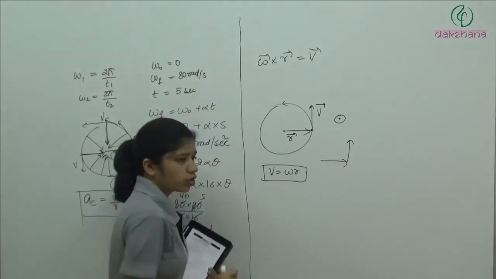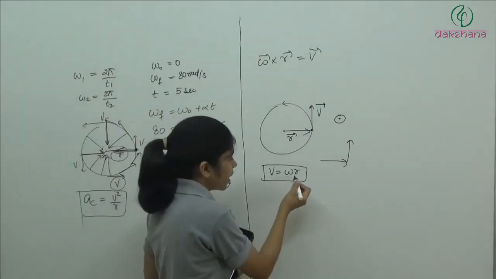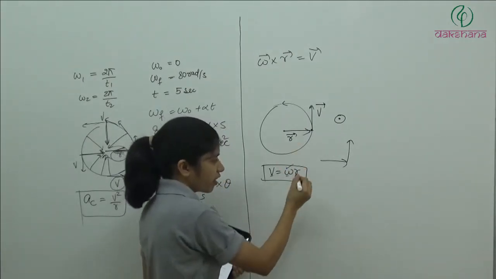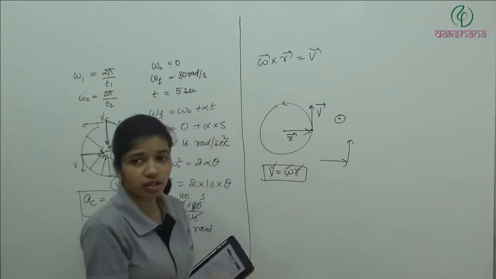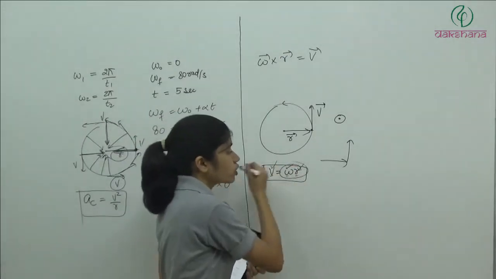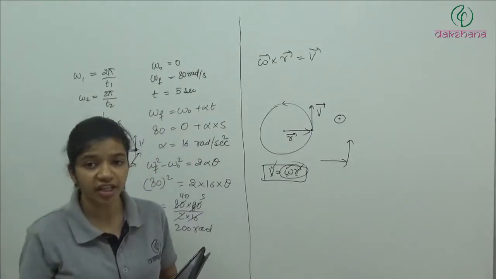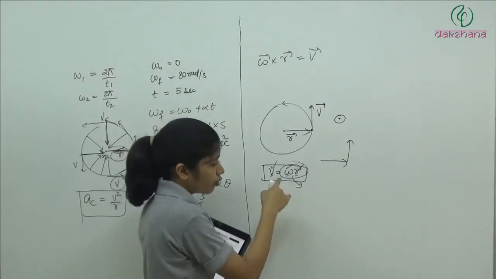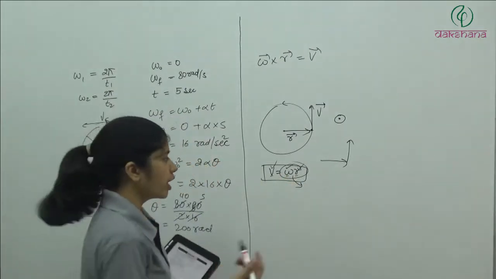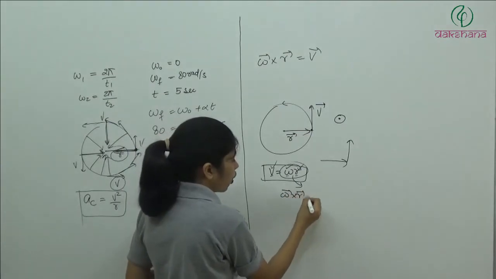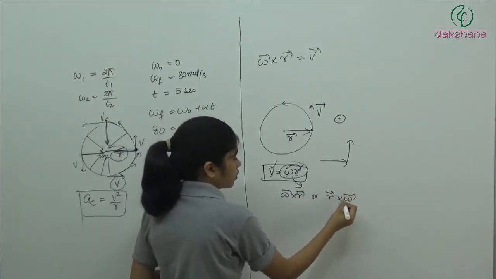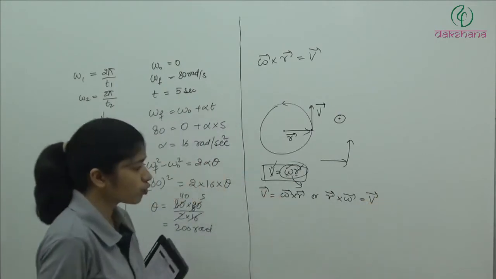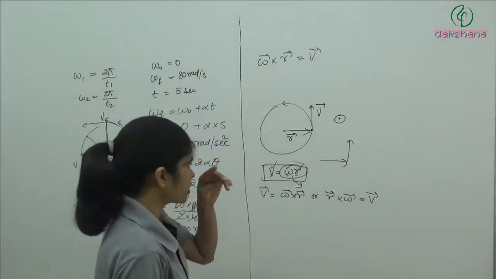So we will use the cross product, because when we are multiplying two vectors, omega is a vector, R is a vector, we are getting a vector. So definitely the product is going to be cross product, because when we do cross product, we get a vector. When we do dot product, we get a scalar. Now it can be omega cross R or R cross omega. Clear? So V is equal to omega cross R or V is equal to R cross omega.